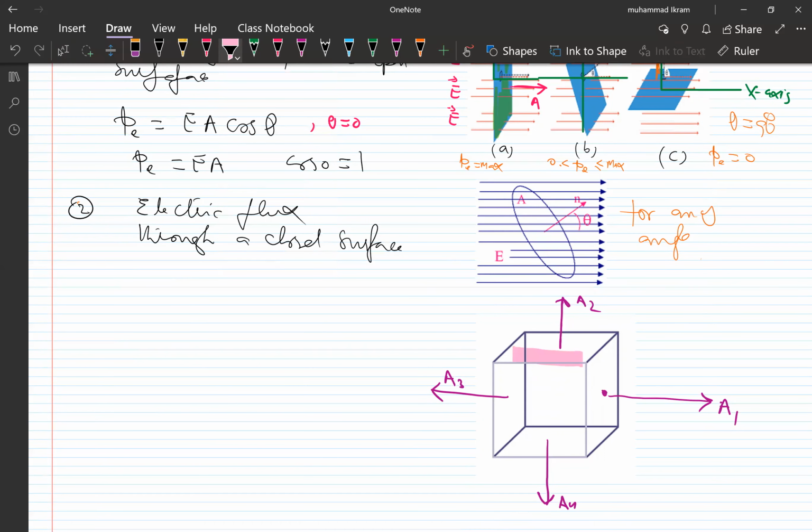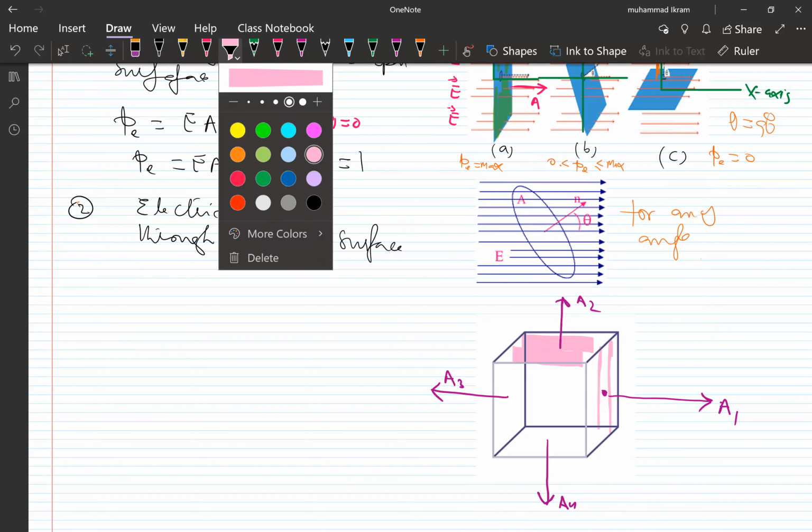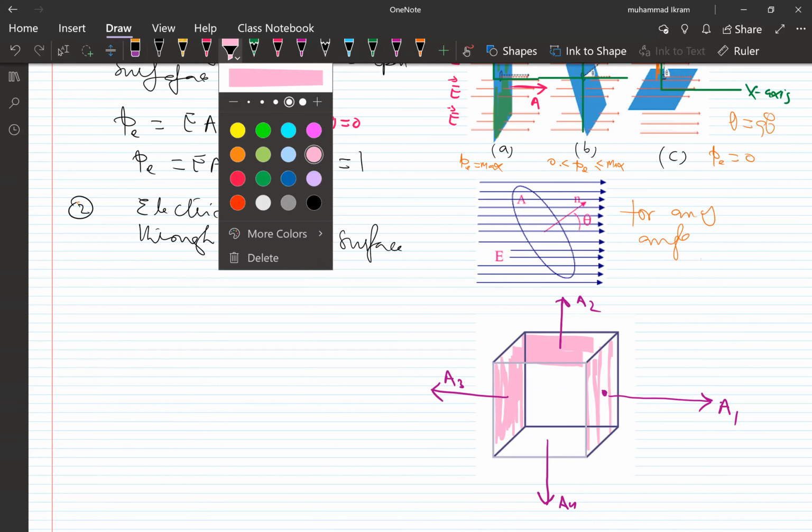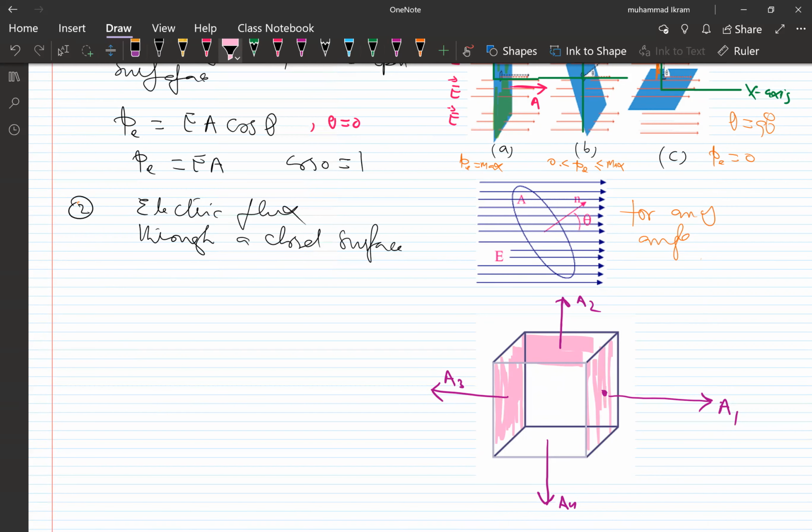You have six surfaces. One, this surface as you see, and one that surface, these vertical surfaces: left and right vertical surfaces, top and bottom surfaces, and back and front surfaces like that one.